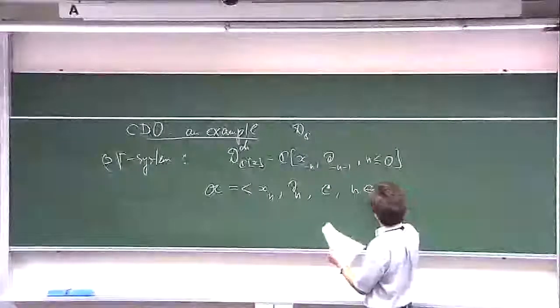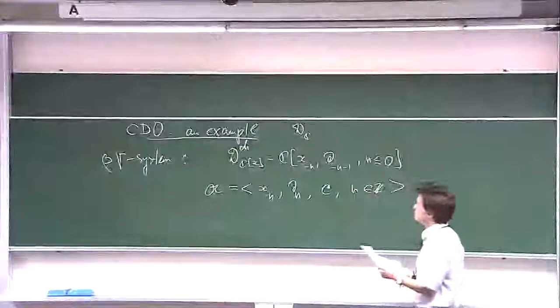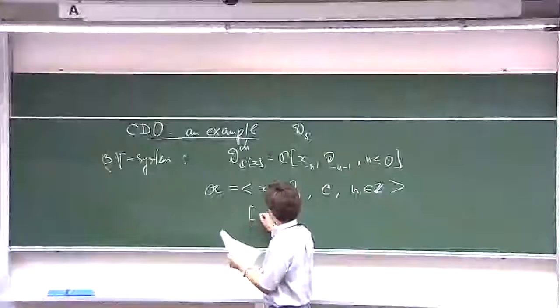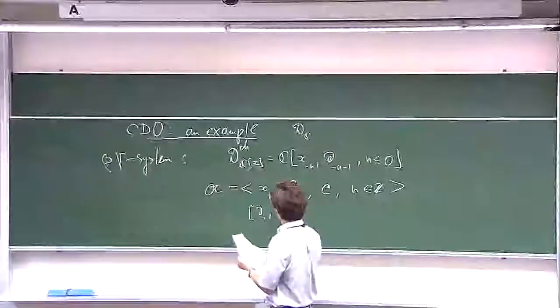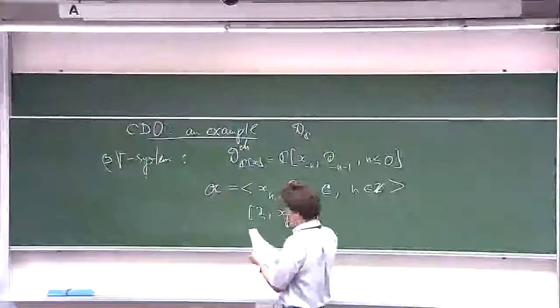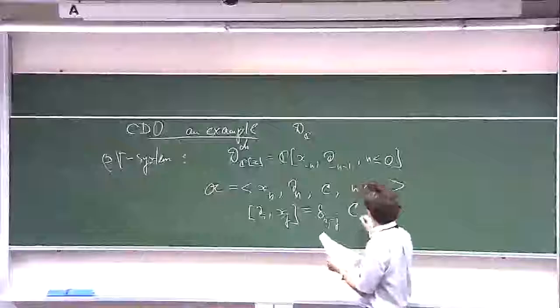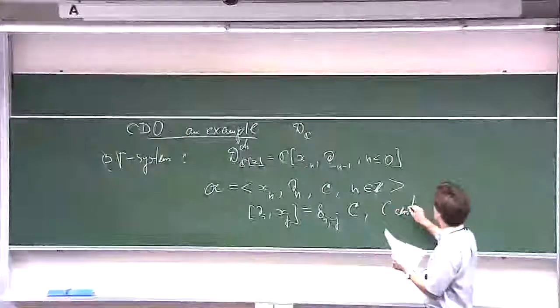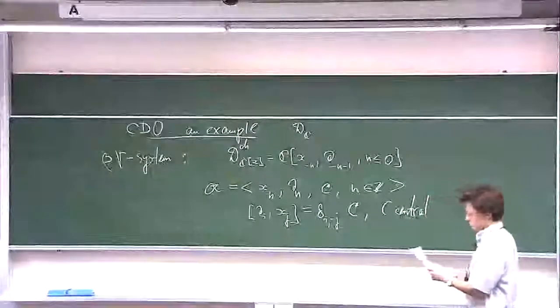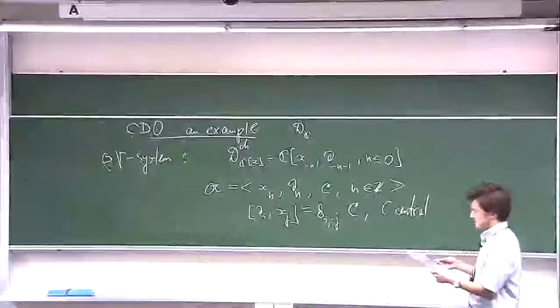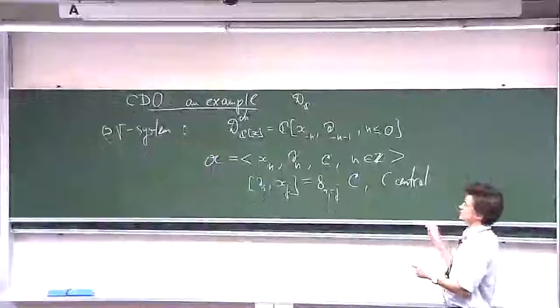So an infinite basis like this, and the commutation relations are as follows: c is central.